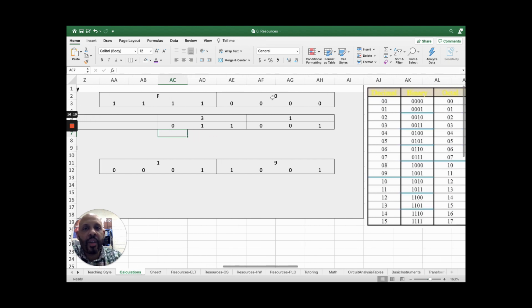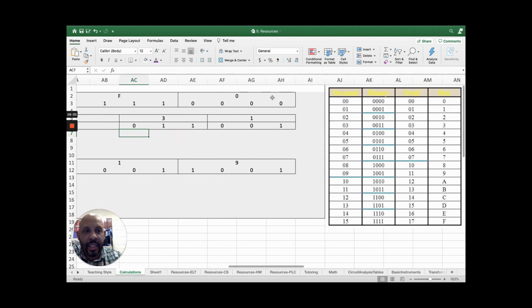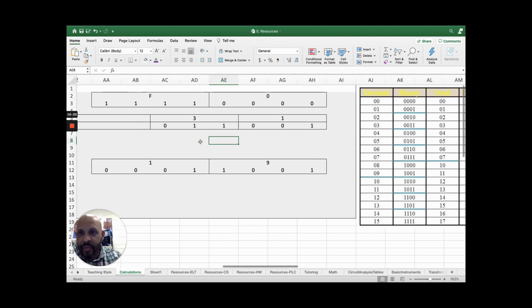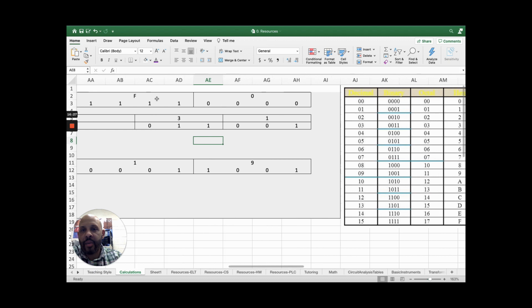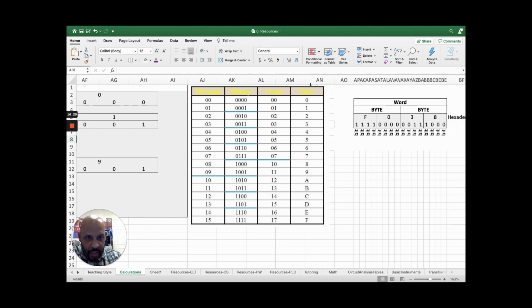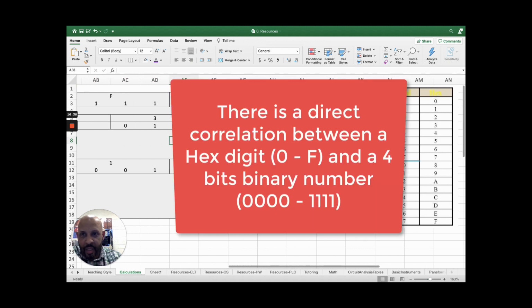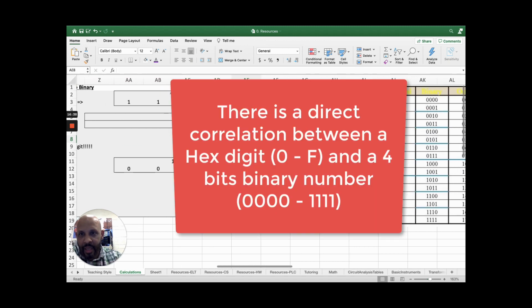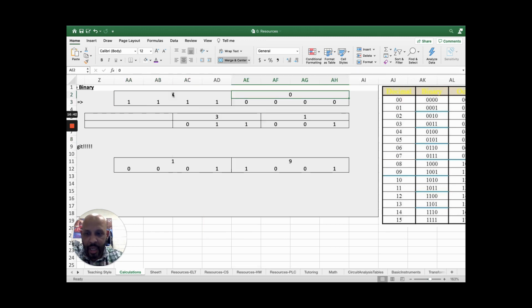You're going to do one digit at a time. So let's say that I have, remember, all these are hexadecimal numbers, a 7A. This is going to be a 7 right here, and this is your letter A.